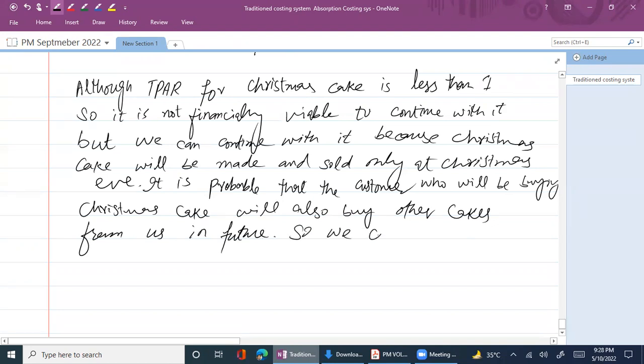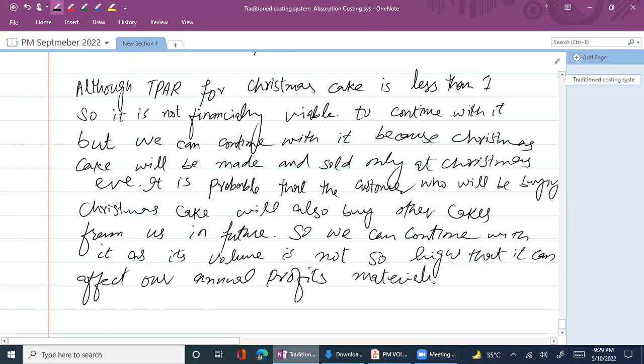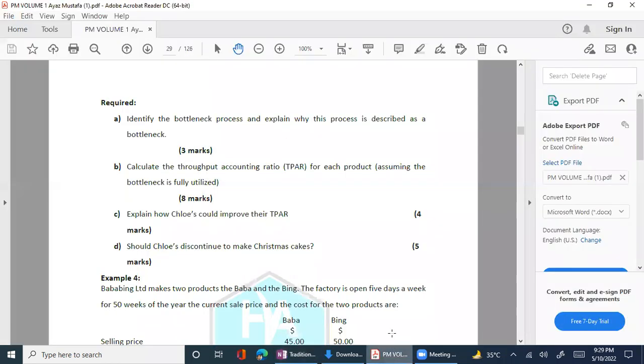So we can continue with it as its volume is not so high that it can affect our annual profits materially. Is it clear? So I suggest you write in this way. Please respond.